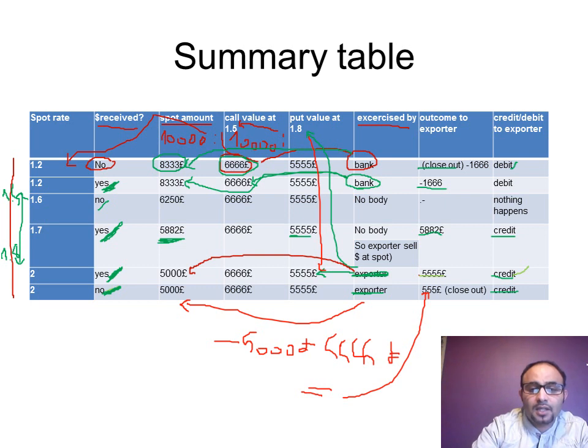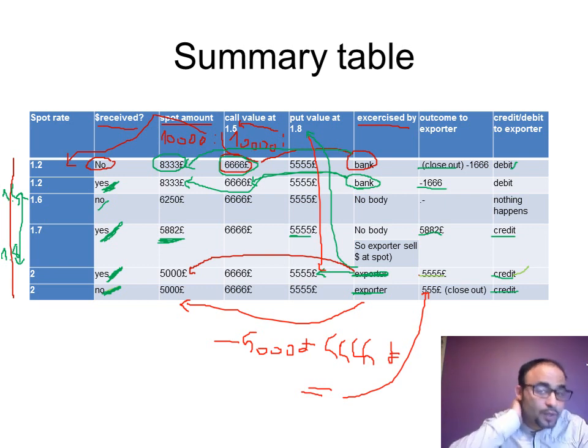And rather than going through the whole process, UK Best will only pay the difference between 8,333 and 6,666, and that would be 1,667 taken out from the account of the exporter and given to the bank as a gain. Since it is being reduced from the account of the exporter, this is a debit.